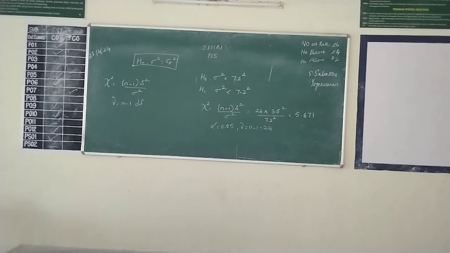What is H naught? Sigma square is equal to sigma naught square. Here sigma is given. What is sigma? 12.2. So write H naught: sigma square is equal to 12.2 square. What will be H1?